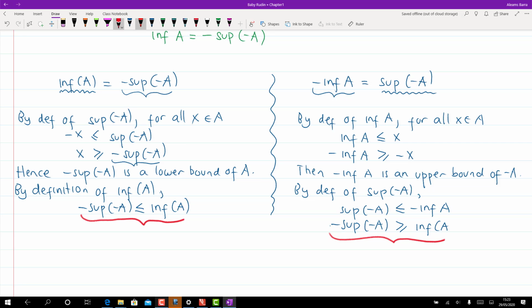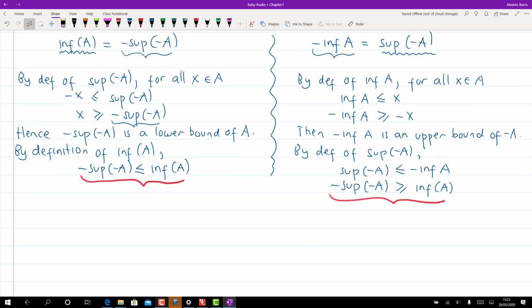Both can hold true only if the left and the right hand side are equal. So minus the supremum of minus A is exactly the infimum of A.